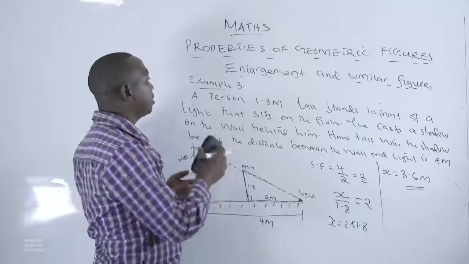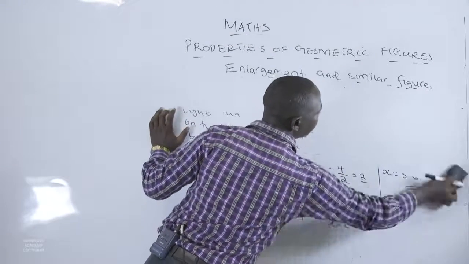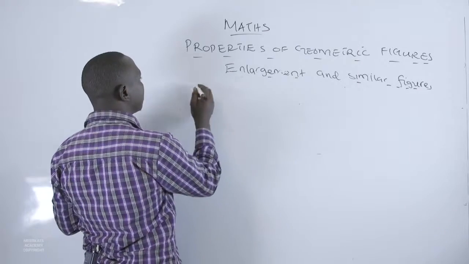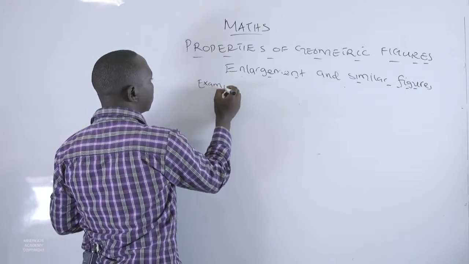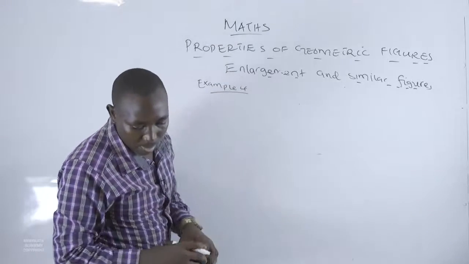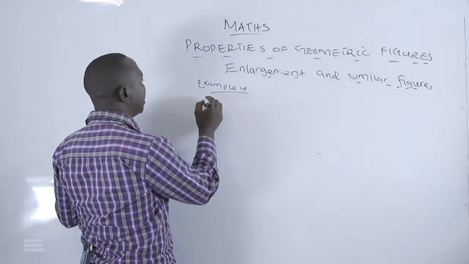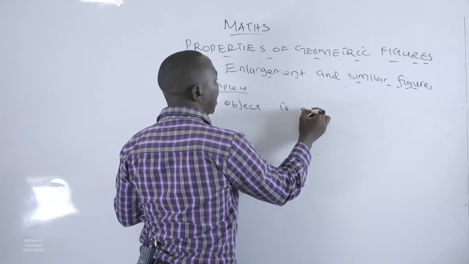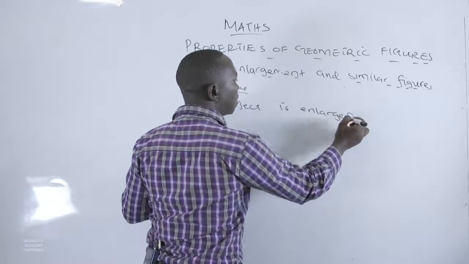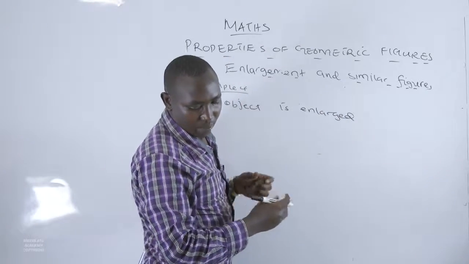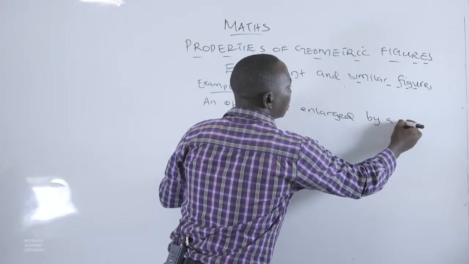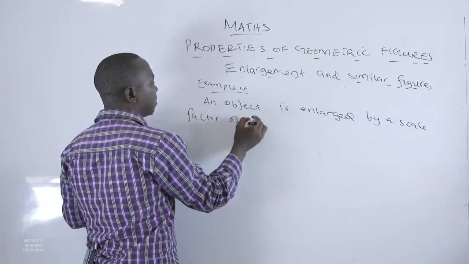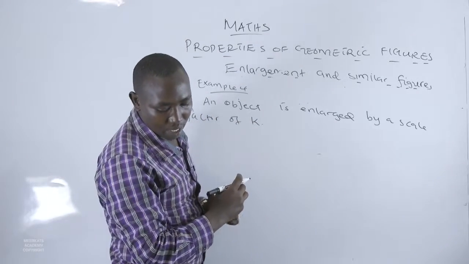The final question, example 4. We are told an object is enlarged by a scale factor of k.